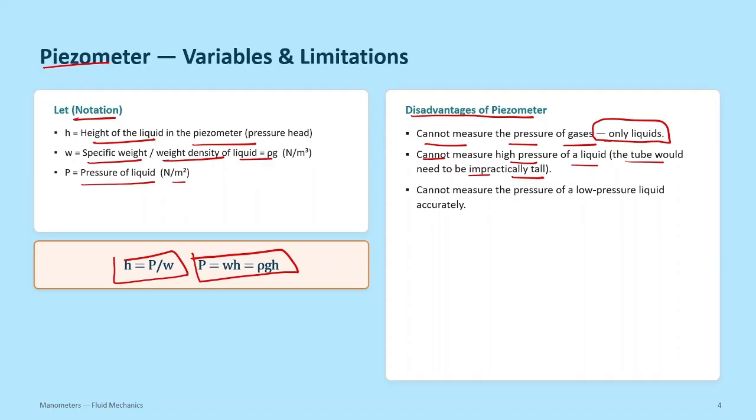It means if we want to measure high pressure, the pipe will be too tall. It also cannot measure very low pressure of liquid accurately. So it cannot measure very high or very low pressure; it can measure moderate pressure.